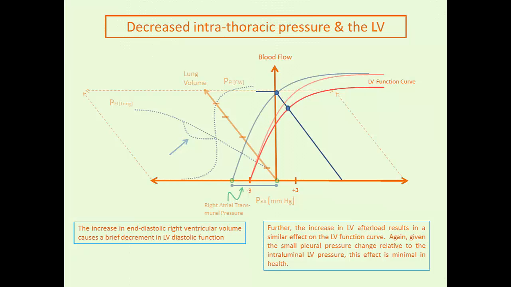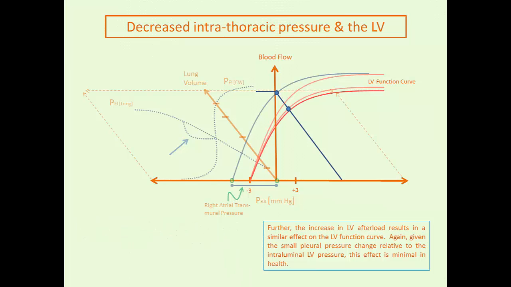In theory, then, there's an increase in left ventricular afterload as you increase the left ventricular and aortic wall stress relative to the extrathoracic compartment. It would tend to shift the left ventricular function curve down and to the right as well. But again, with the decreases in intrathoracic pressure that you have with a normal inspiratory event, this would be a very, very minimal response.